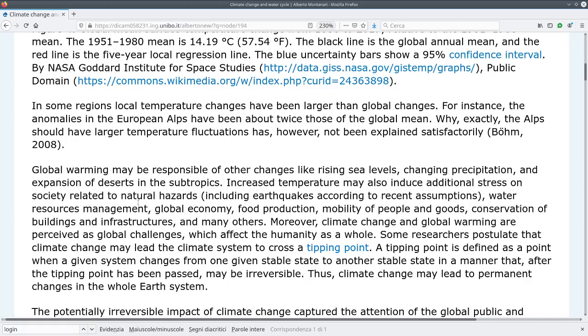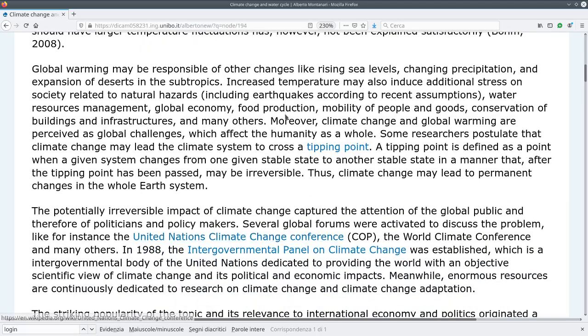But there is an important consideration to make, and the consideration is that we cannot say that the changes that occurred under 1 degree of warming in the past 30 years will have the same order of magnitude for the next 1 degree of warming, because the system is non-linear.